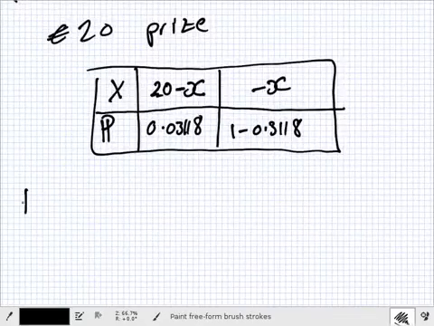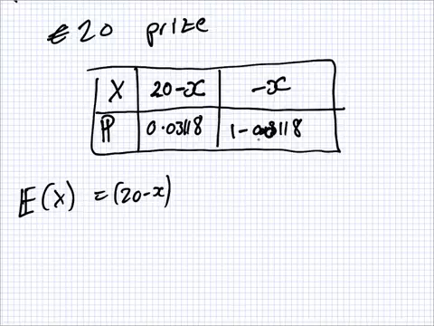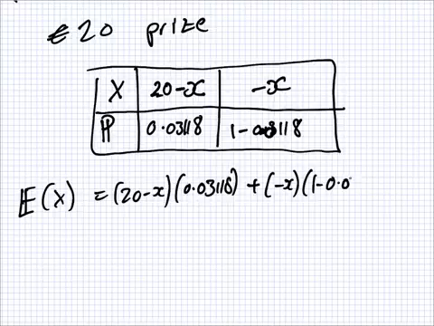The expected value would be (20 minus x) times 0.03118 plus (minus x) times (1 minus 0.03118), and we want this to equal 0 to make the game fair.